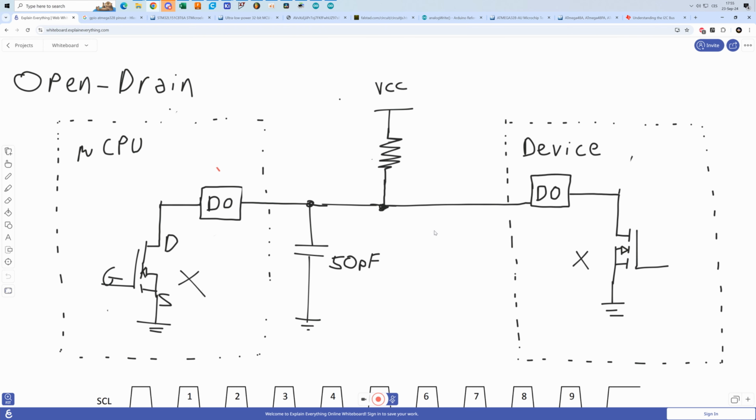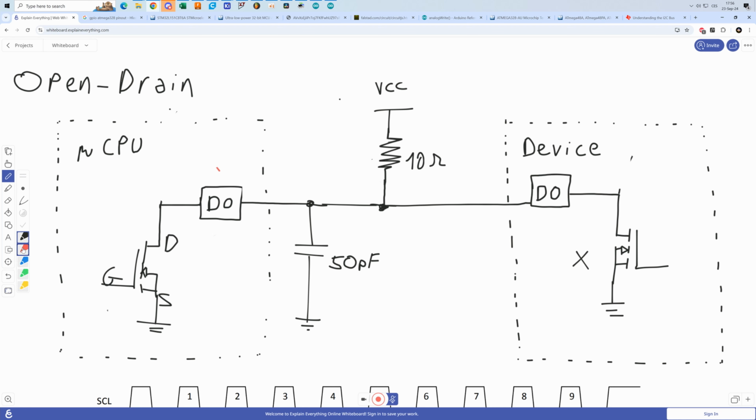You could say, why not just use low resistance here? Instead of kilo ohms, why not just use 10 ohms? That's going to be super quick, probably even quicker than the transistors themselves. Well, imagine what's going to happen if the state of the bus is turned low.